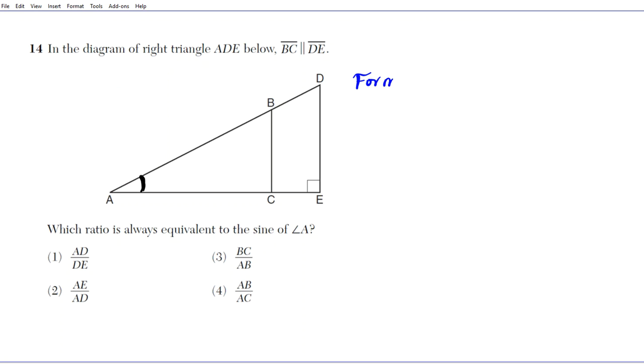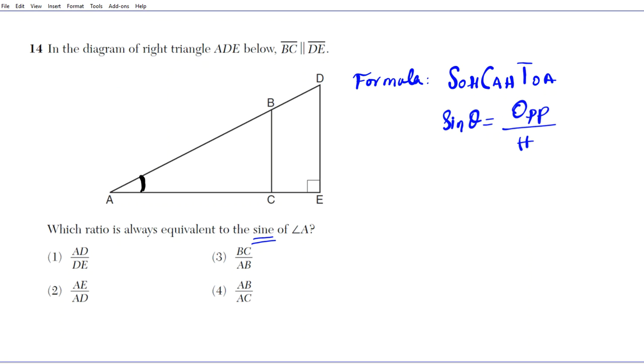So whenever we're doing that, we have a right triangle, and we want to relate the measures of two sides to an angle. We're going to use the formula that's captured by the acronym SOHCAHTOA. In this particular problem, sine is clearly specified for us, so we're going to be using the ratio sine theta equals opposite over hypotenuse. Okay, since we have two triangles here, we're going to have two opposites, two hypotenuses, and two adjacents.